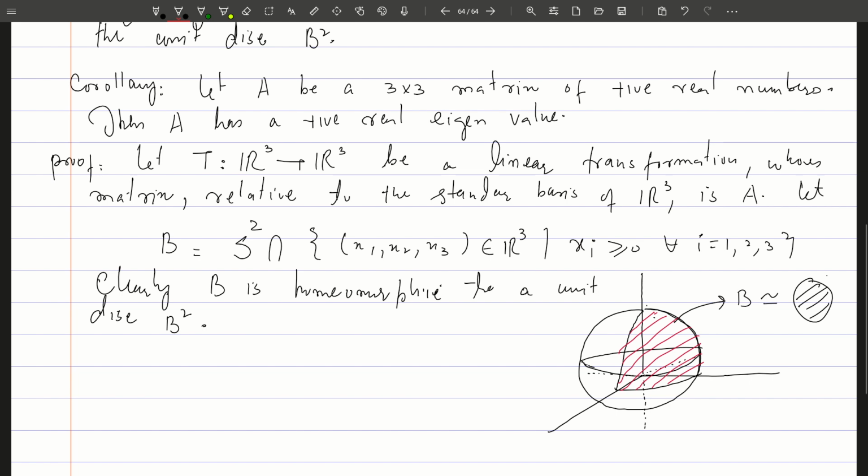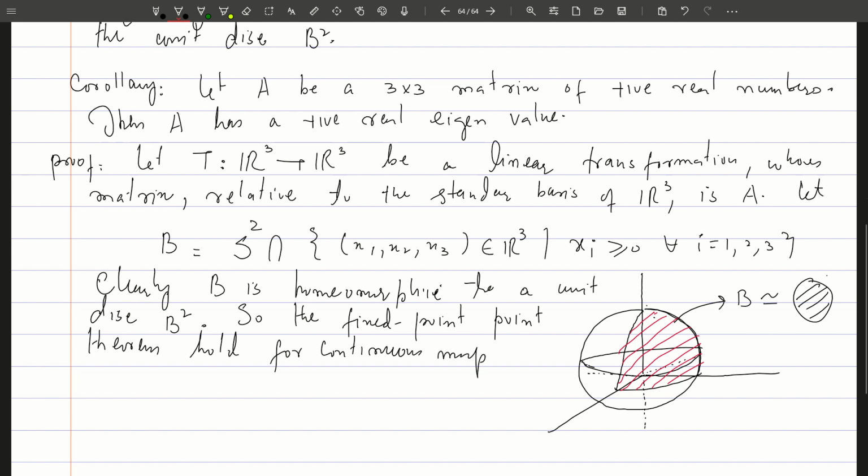So that means the Brouwer's fixed point theorem holds for continuous maps of B into itself.